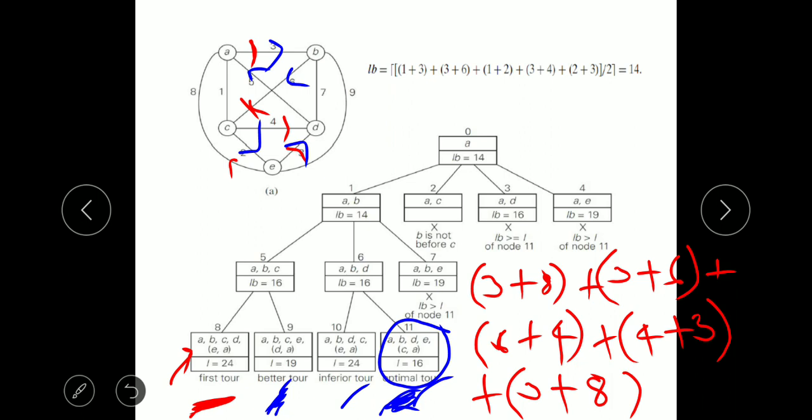The Hamiltonian cycle, or the traveling salesperson, goes from city A to B. From B he shall go to D. From D he shall go to city E. And from E he shall go to city C. And from C he gets back to A. So this is how the traveling salesperson problem works.